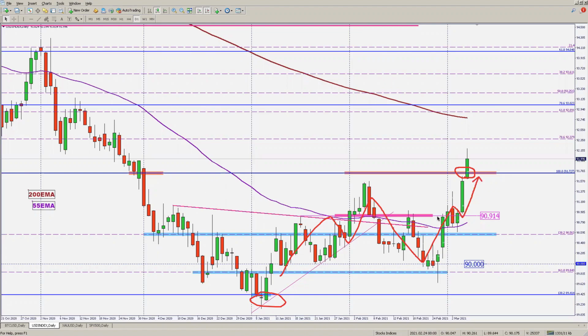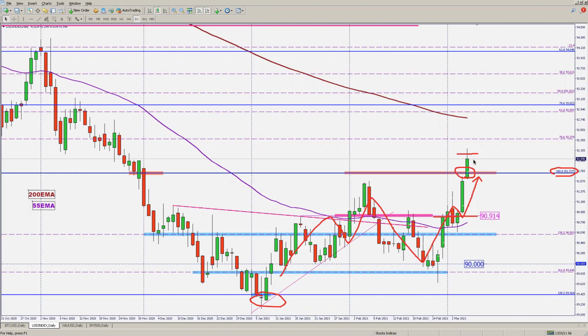It broke through this interim resistance area at 91.91, and now has reached 92 and closed above. Importantly, it has closed above the previous swing low at 91.73.